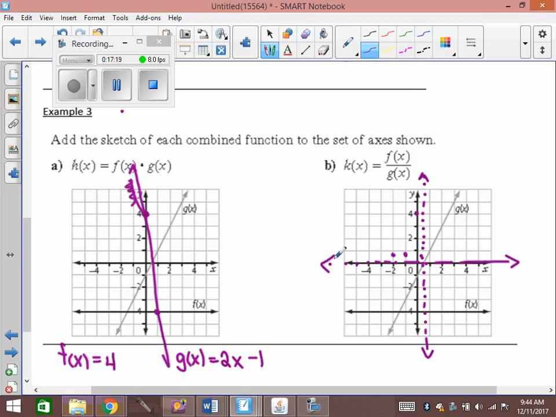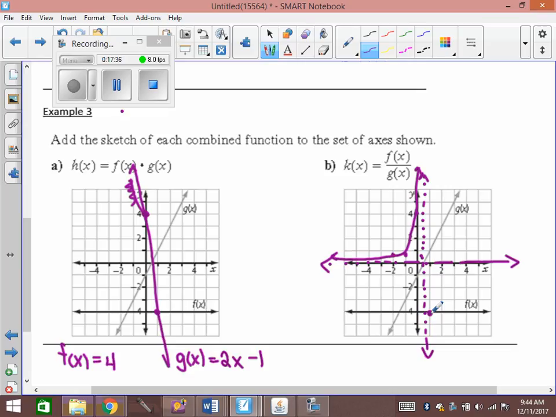So it's going to run along your asymptote. Then over here at positive 1, I'm going to have negative 4 divided by positive 1, which is negative 4.